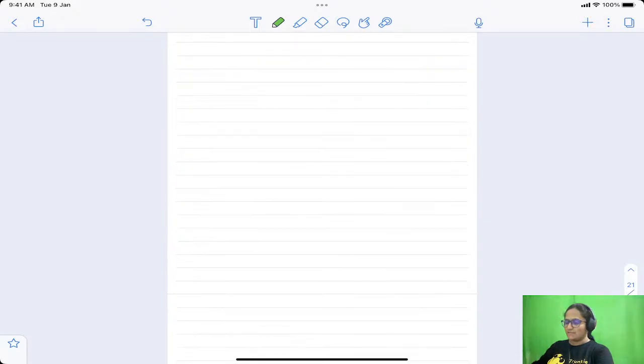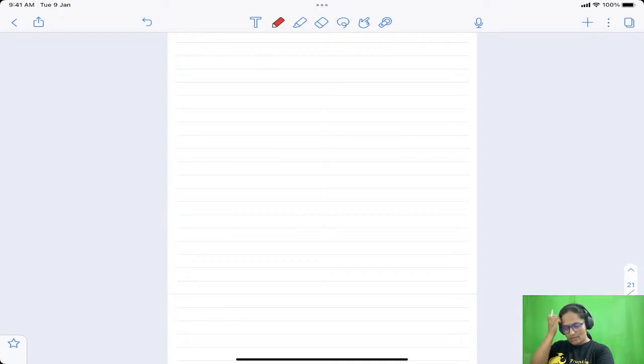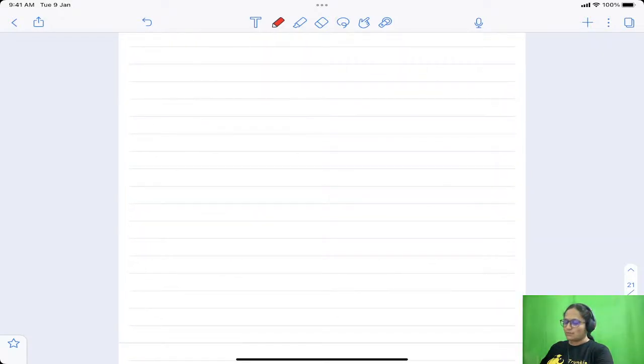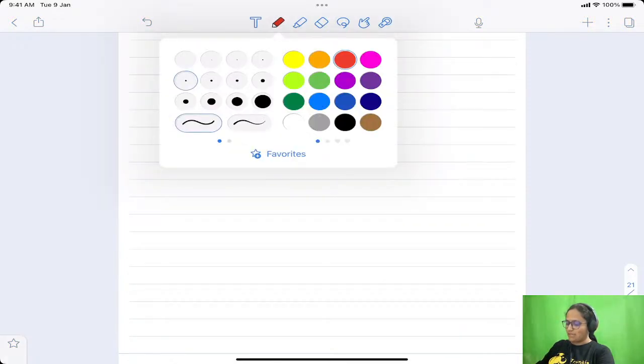Today we are going to discuss one name reaction from the chapter Amines, which is also called Organic Compounds Containing Nitrogen. Let me first write down the title for this name reaction.